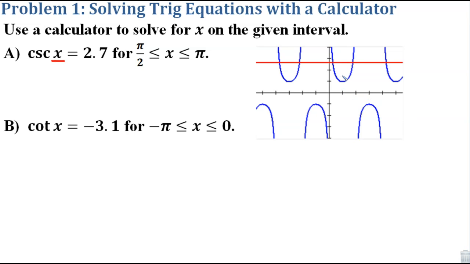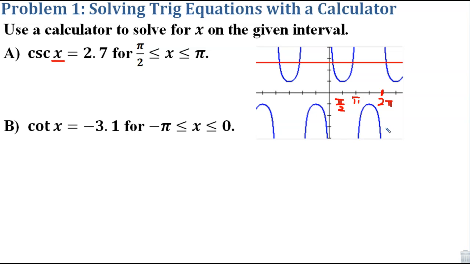It looks like one cycle of this cosecant function starts to repeat here. So that right here is 2 pi. And if I split this apart, we get a pi in the middle and a pi over 2 right here. So the big thing to get with the zoom trig is that the scale is going to count by pi over 2's.